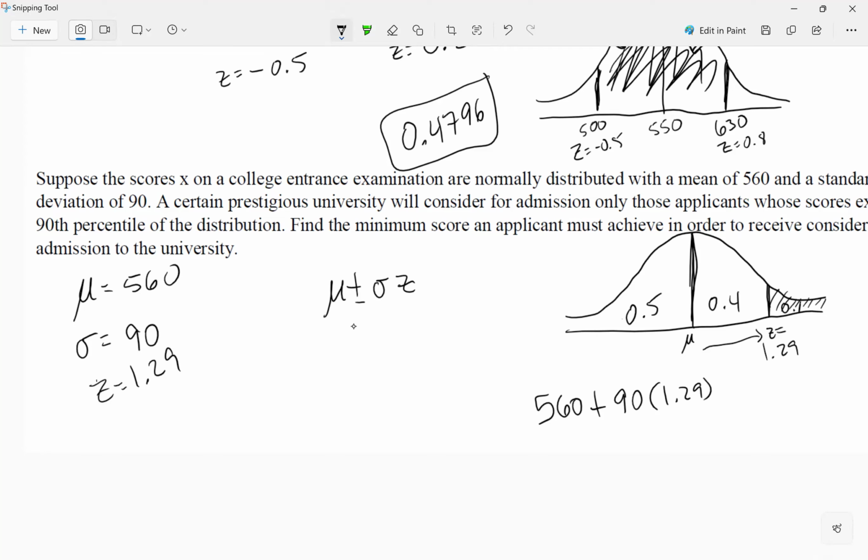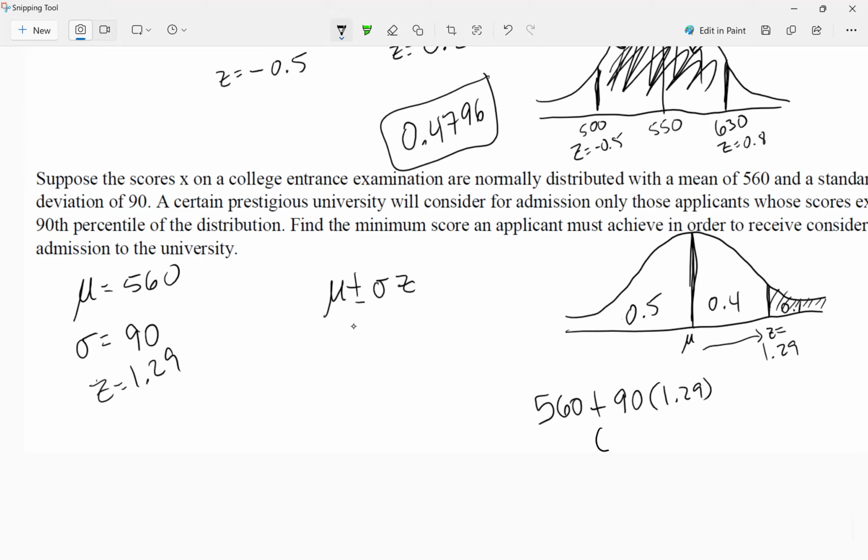I'm just going to type this on my calculator. 560 plus 90 times 1.29. The calculator knows that it has to multiply before it adds. So we'll do the multiplication first.